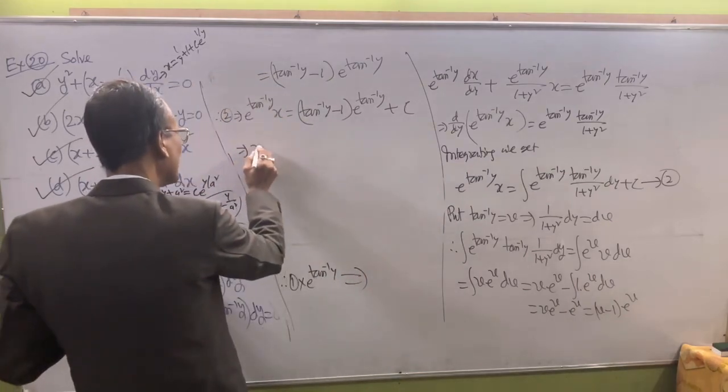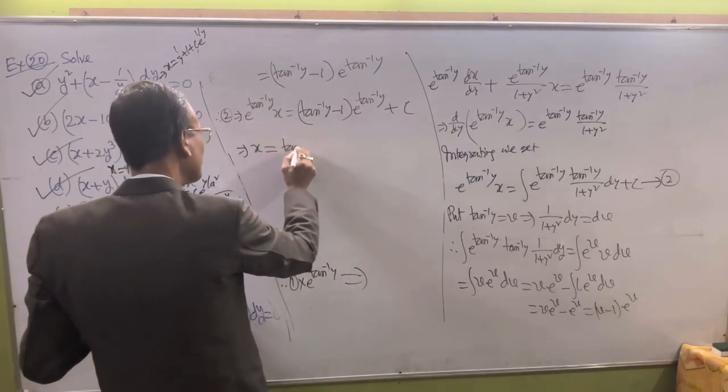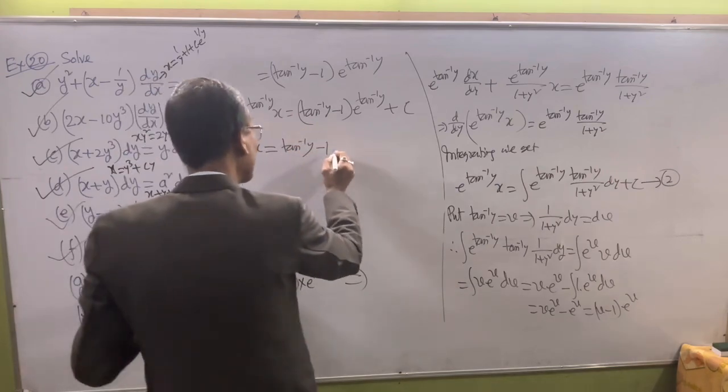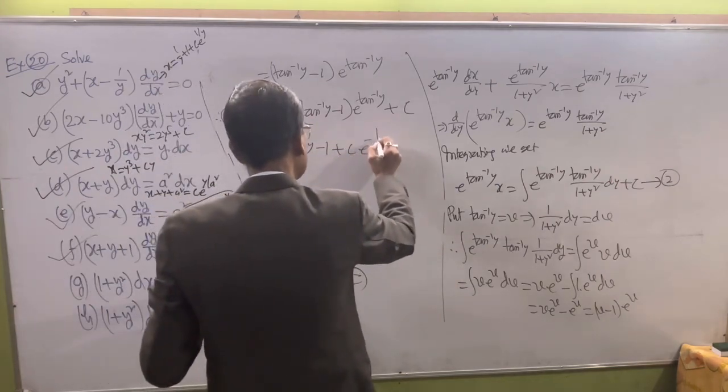Or x equals tan inverse y minus 1 plus c e to the power minus tan inverse y.